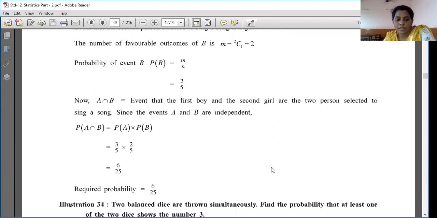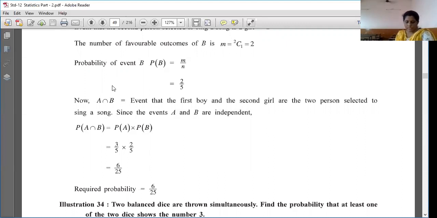Now see, one more thing I want to tell you. How many illustrations are left? Only illustration number 34 and 35 are left, and both are important illustrations.